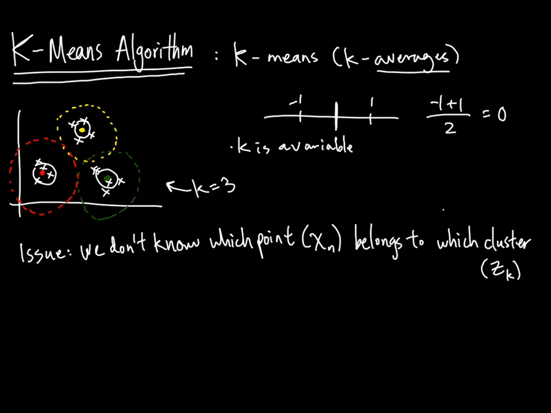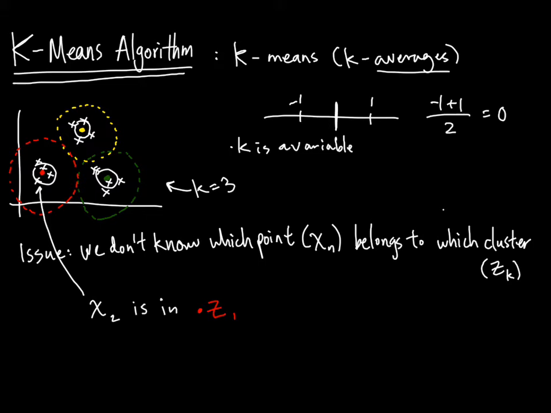For example, this point right here would be x2, and it belongs to, let's say, this red. This red is z1, the first cluster. So the second point of our data set is in the first cluster, but we don't know that. If we had the data saying which point belongs to which cluster, then we would be done. We wouldn't need this algorithm. But because we don't know that, we have to solve for it ourselves.